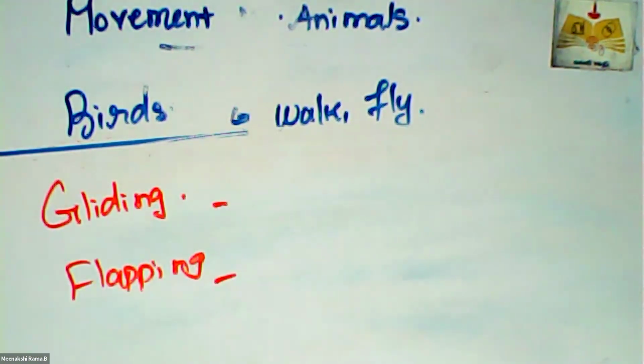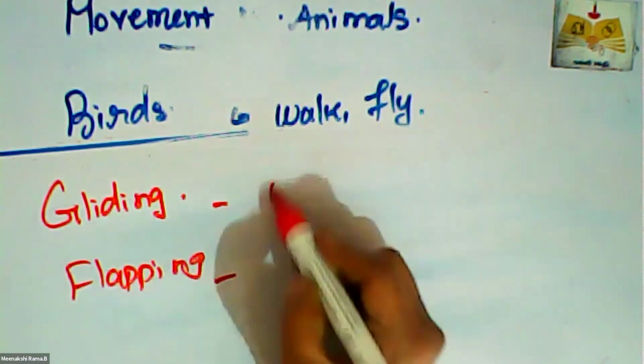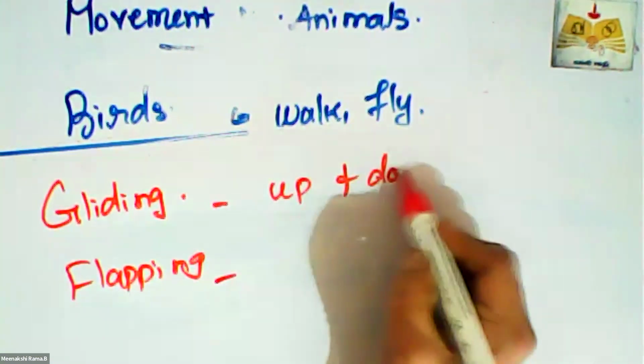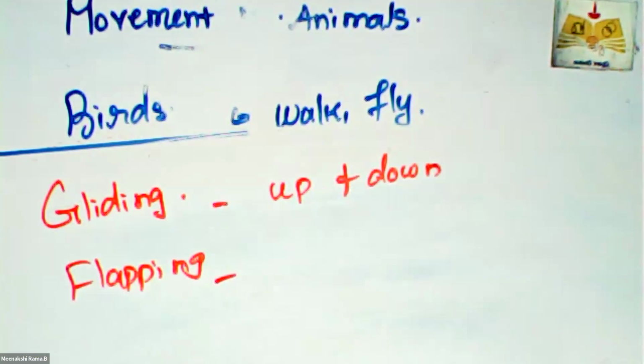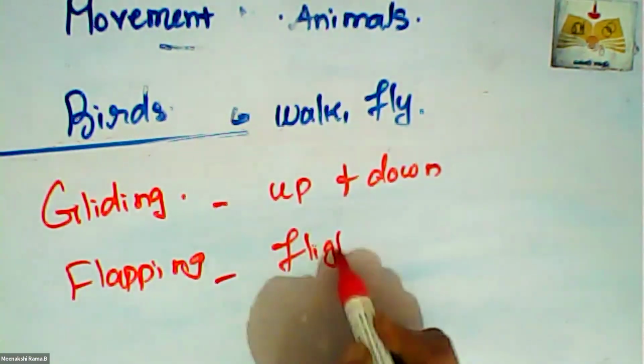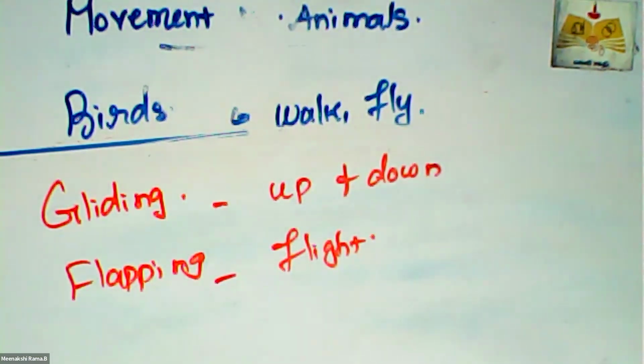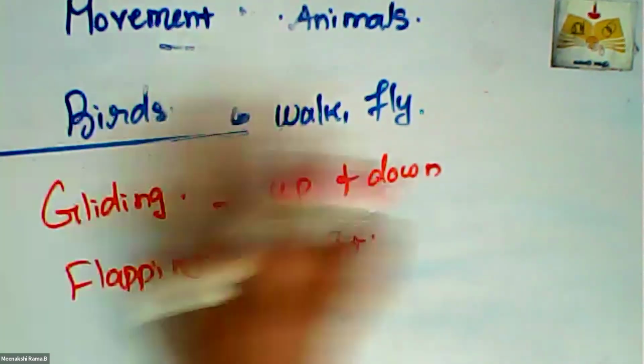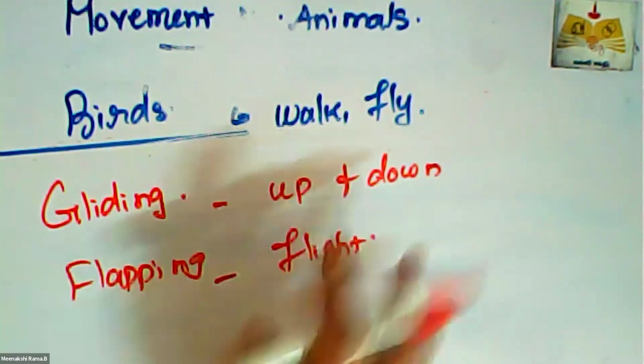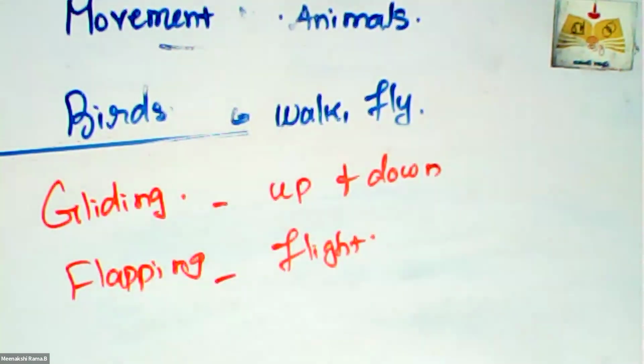Gliding means the bird uses currents for going up and down, and that is called the gliding way. Okay, so these are the two types of flight, gliding and flapping.